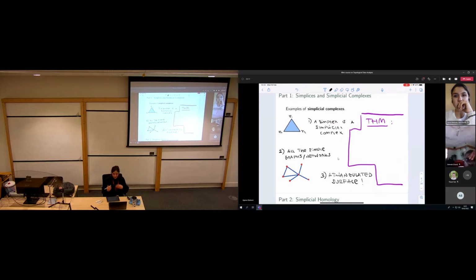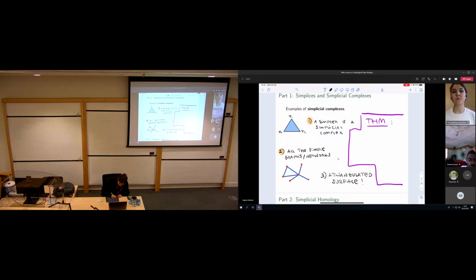Let's start by giving some examples of simplicial complexes. Trivially, each simplex is a simplicial complex. It is built by gluing together a unique simplex, and if you think about a simplex as having all its faces in it, then the second condition holds as well. A less trivial example: all the simple graphs or networks, as you prefer to call them, are simplicial complexes.